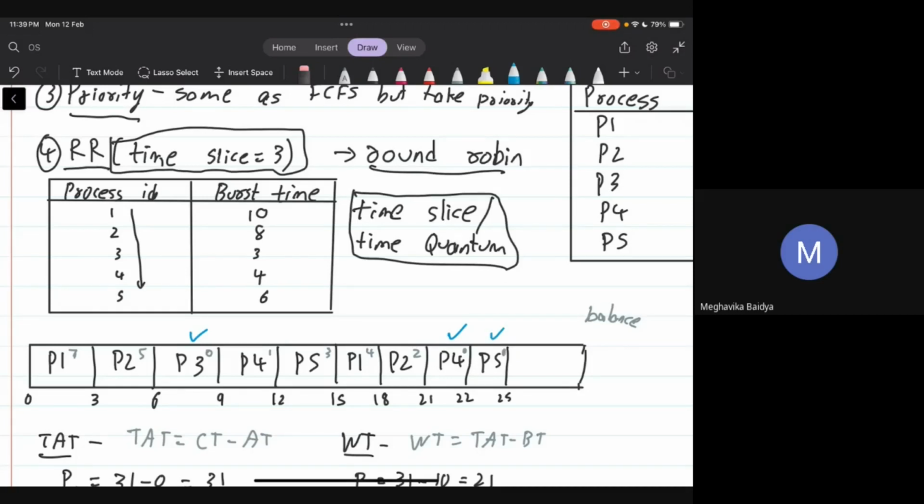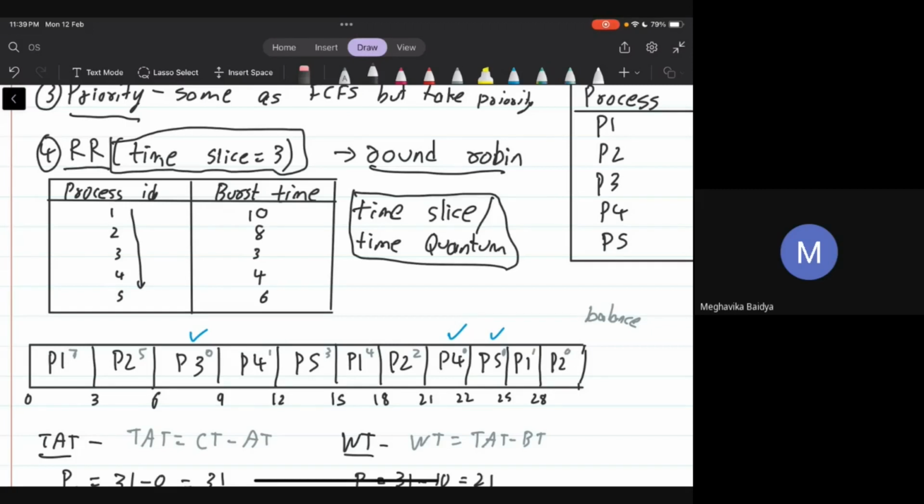Now what is left? P1 and P2 are left. For P1 only 4 is left, so 1 will be left over now, and 25 plus 3 is 28. For P2, only 2 was left. So this becomes 0.